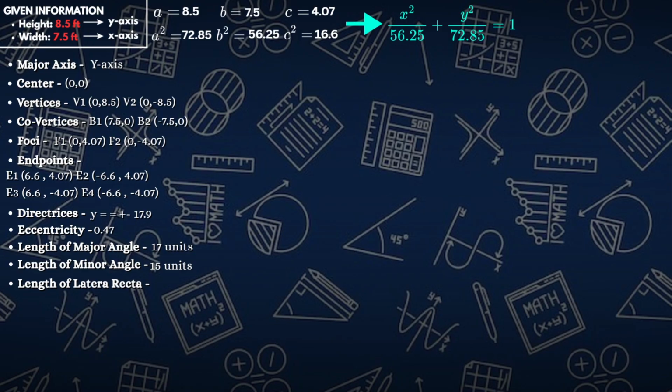Now, in order for us to solve for the length of the lateral recta, we have to double the value of b squared over a, or the latus rectum. So our latus rectum is 6.6. Let's just double that, times 2. That would give us 13.2 units, or approximately 13.23 units.